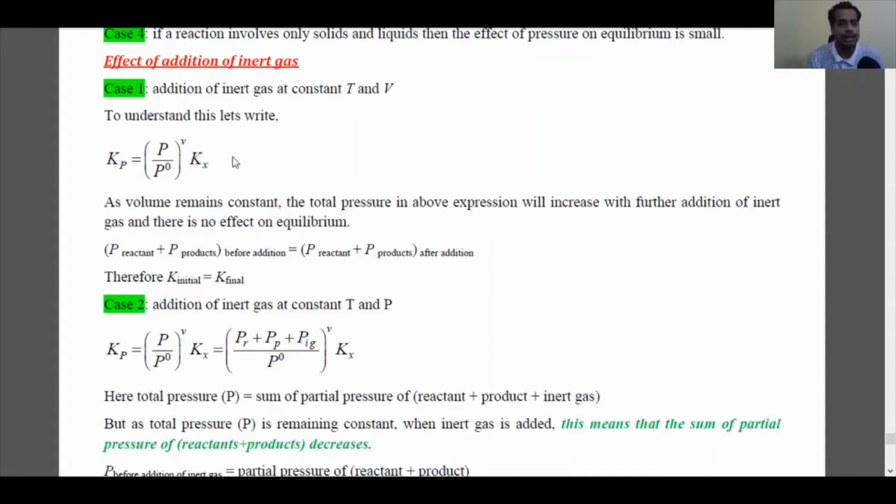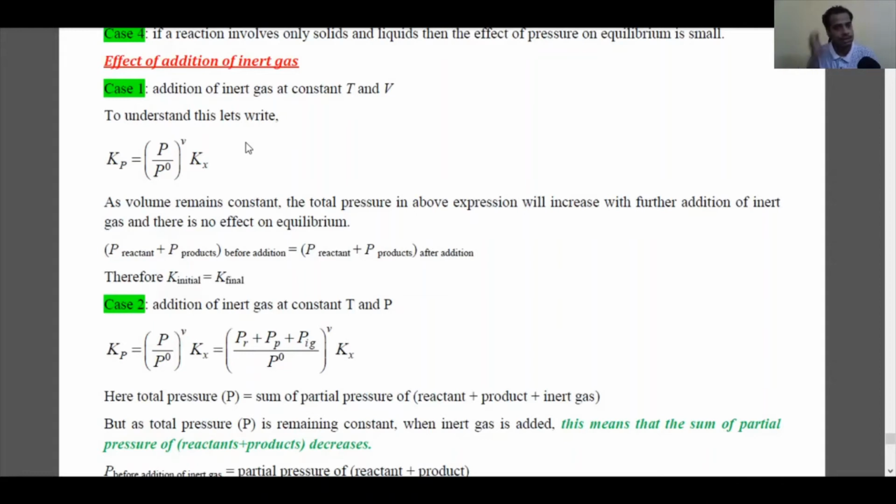So the first case we are assuming is inert gas is added at constant temperature and volume. Now if my volume is constant and temperature is constant, let's try to understand in a more physical way. Gas is there and I am keeping my volume and temperature constant. So the gas pressure can change.